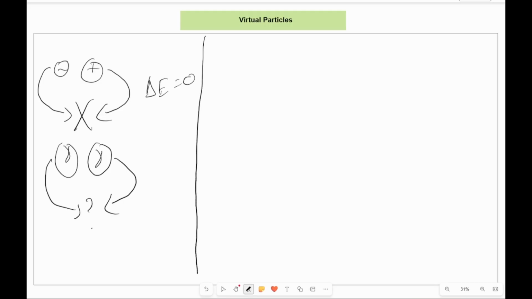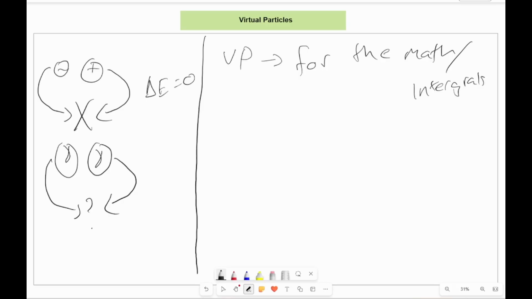I just saw a video with Sabine talking about this, and really virtual particles are more just for the math and integrals, right? Whether they actually exist is probably a larger discussion.